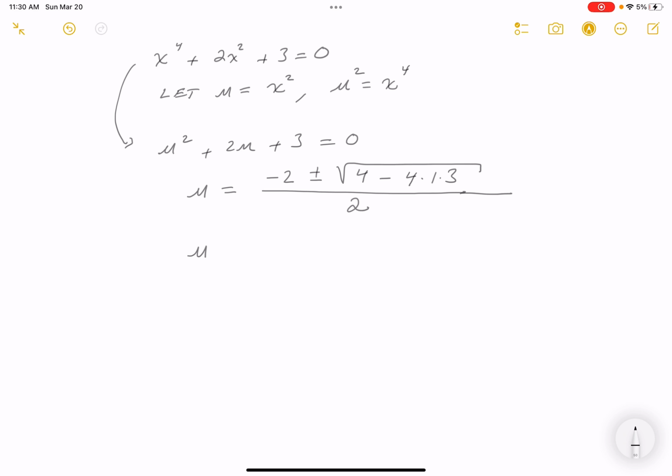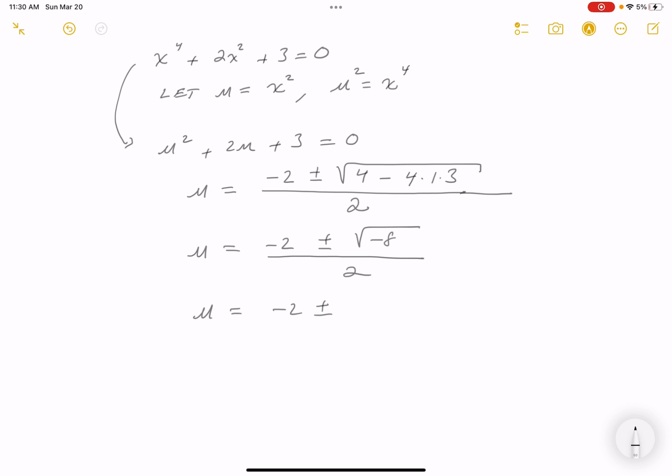Let's keep writing this down. u equals minus 2 plus or minus, well, what are you going to get there? That would be minus 8, right? Over 2. Let's see if I did that right. 4 times 3 is 12. Yeah, looks okay.